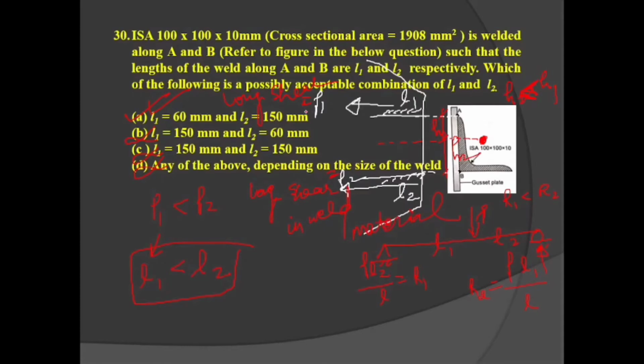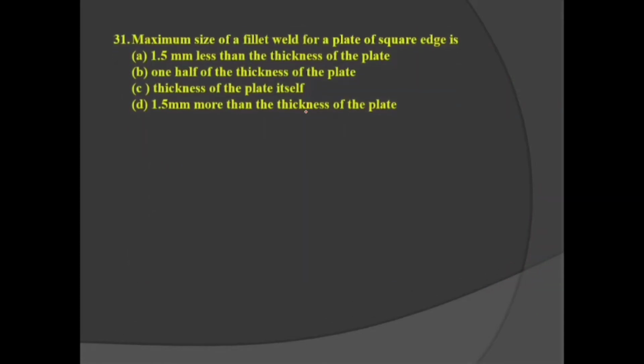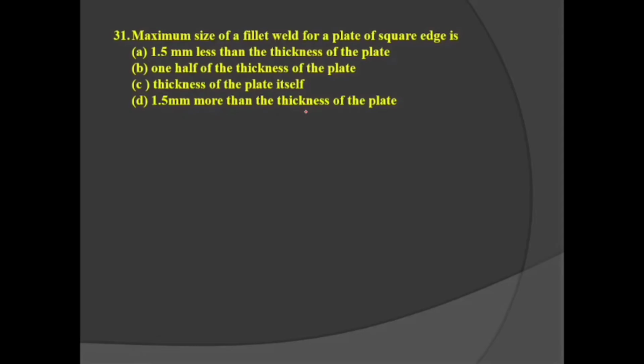Now let's move to the next, 31st question. Maximum size of a weld for the square edge, obviously my dear students, is S maximum equal to T minus 1.5, and 3/4 of T minimum for the rounded edge.